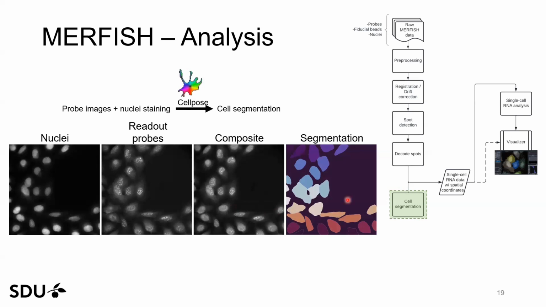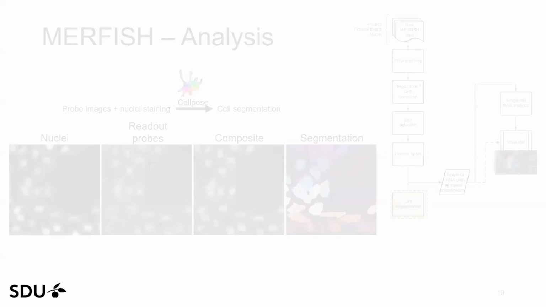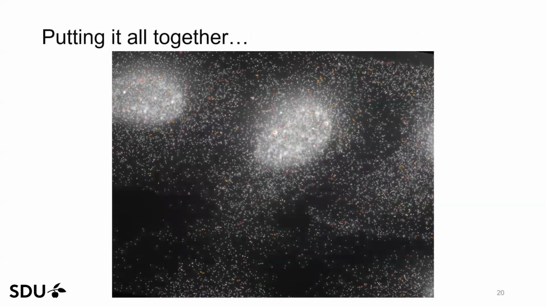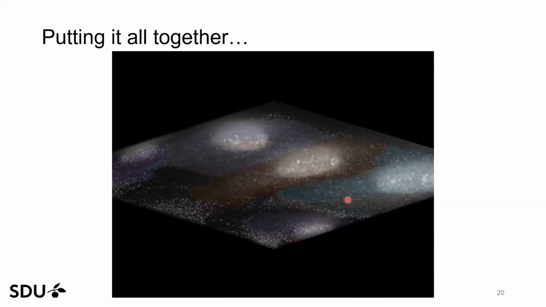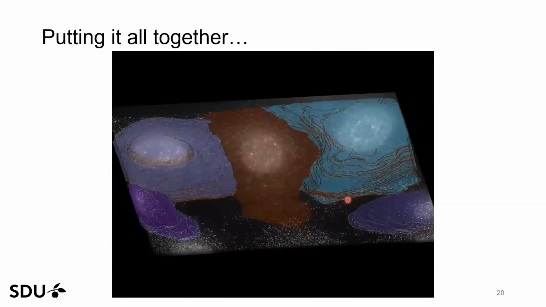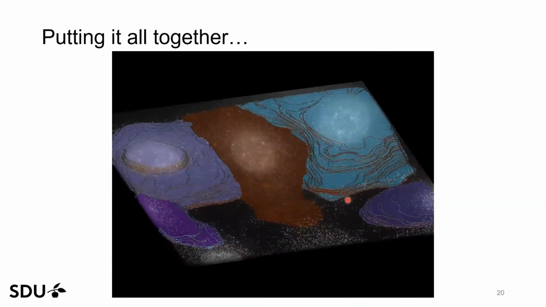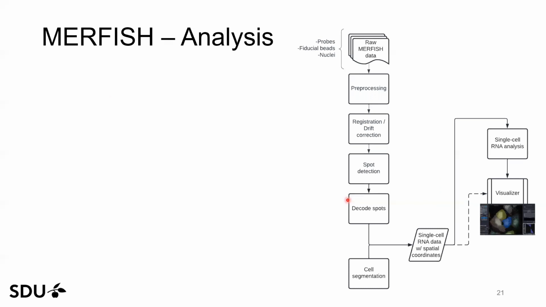So we combine this, and putting it all together, we get these detected RNAs in a single sample, with this three-dimensional cell segmentation as well. Once we have this single cell RNA data with the spatial coordinates, we can move on and do some other analysis.